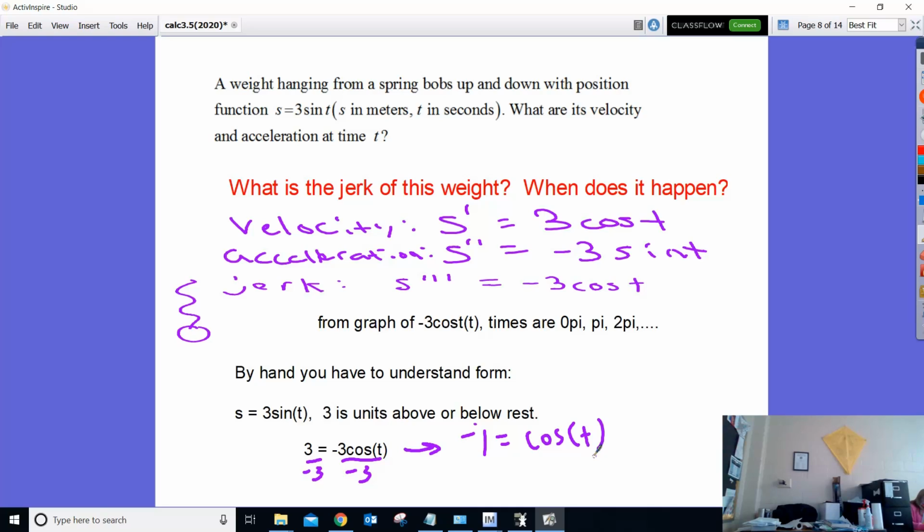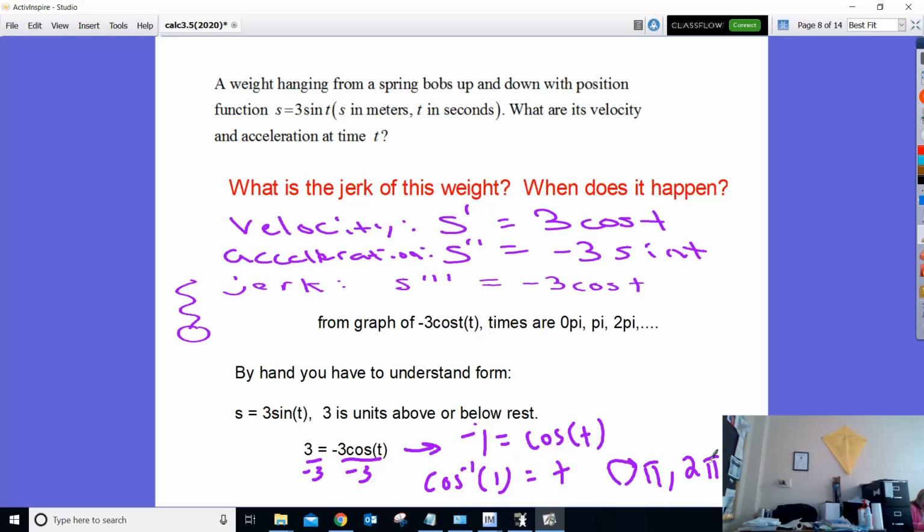What's the opposite of cosine? Arc cosine. So what you do is you take the arc cosine of both sides, and that frees up t. Now, the arc cosine of 1 is saying where on the unit circle is x equal to 1? And that's 0, 2 pi, and so forth.